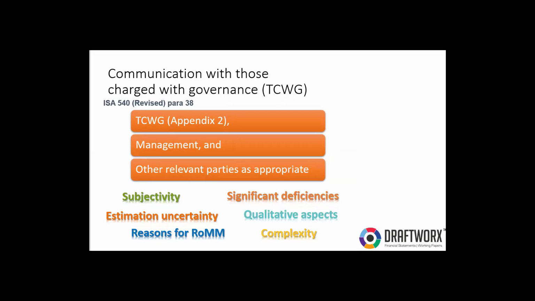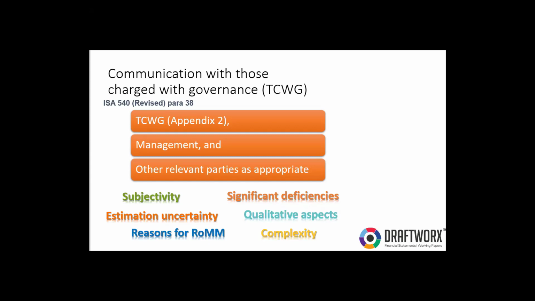So when you see the link between ISA 540 and ISA 260 and 265, which talks about communication with those charged with governance, it's important to communicate, and specifically to communicate with these people, about significant qualitative aspects of the entity's accounting practices and significant deficiencies in internal control. So you must consider which matters then in addition to these to communicate.